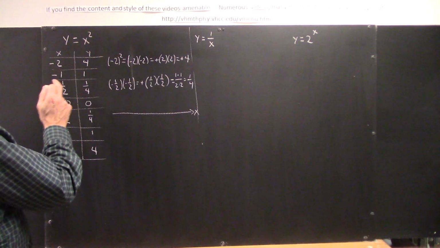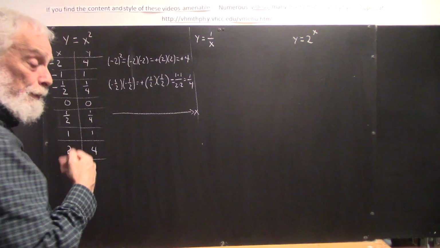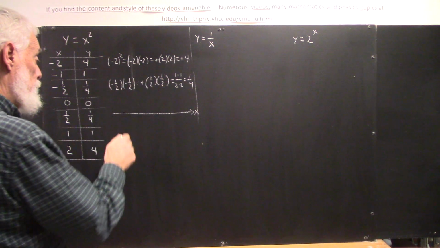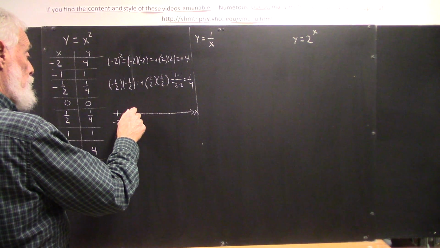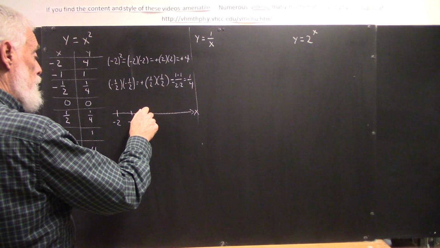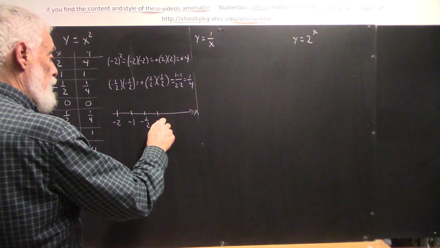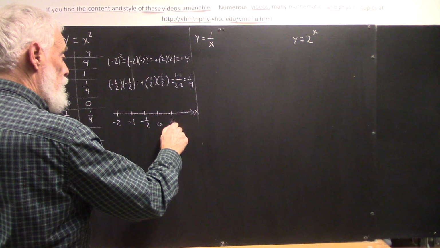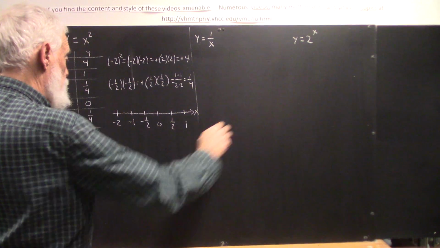Okay, -2, -1, -1/2, 0, 1/2, 1, 2. Okay, now I'm going to do something that's very wrong and see if you can understand what's wrong about it. Okay, I'm going to put -2 here, -1 here, -1/2 comes next, and now 0, 1/2, 1, and of course 2 is going to be out here.